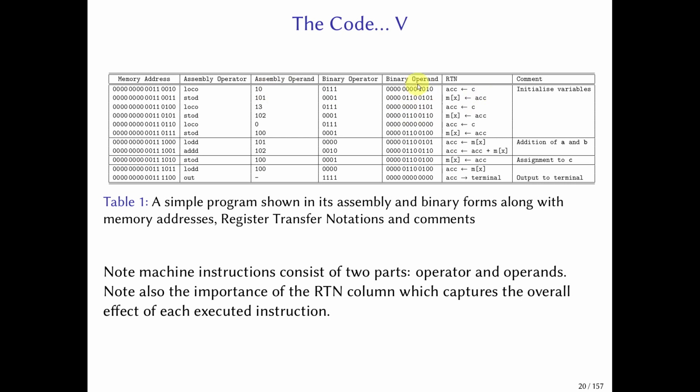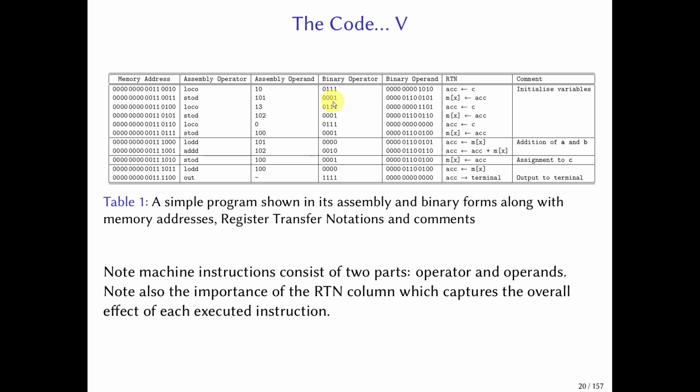Okay, now if we look at some of the other machine code instructions, for example stod 101, which has an operator of stod and an operand value of 101, and then we look at the 16-bit binary number that represents that instruction. We can see that the first 4 bits are for the operator.